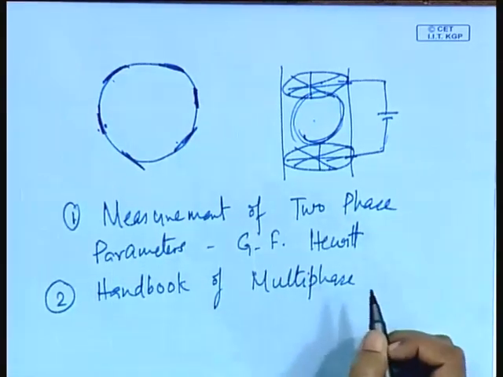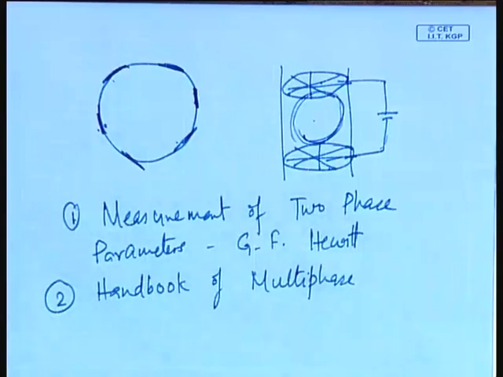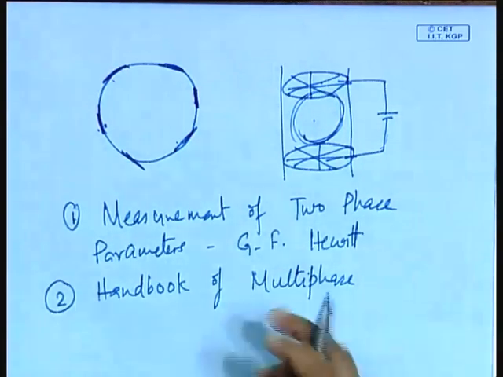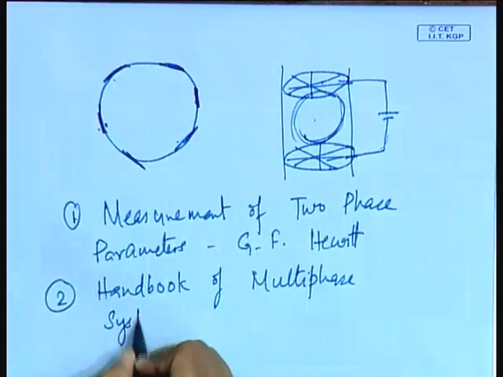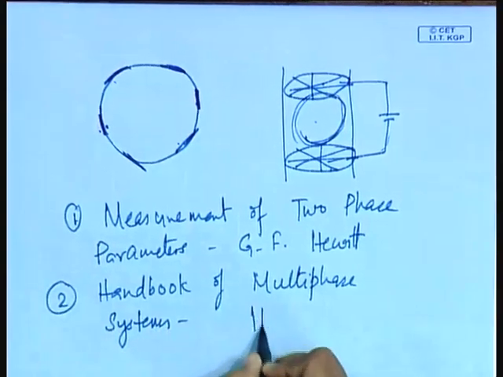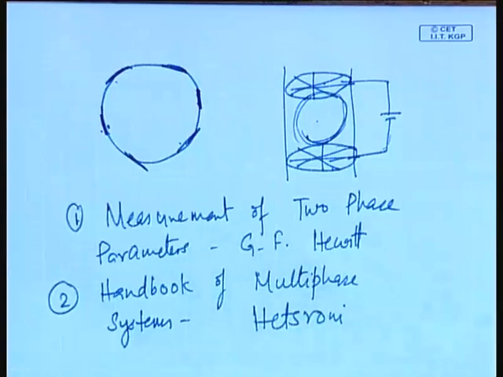Whatever you think and do, definitely I will not ask you to write down the advantages and disadvantages of this technique, not a very direct question. The other book is Handbook of Multi-Phase Systems. You can note down these two books, if you study from these two books, it is going to be slightly easier for you.